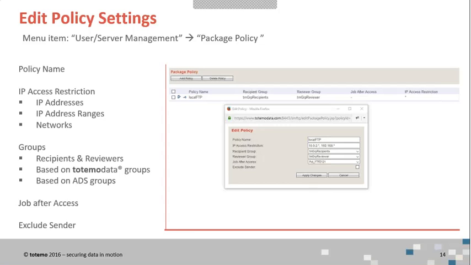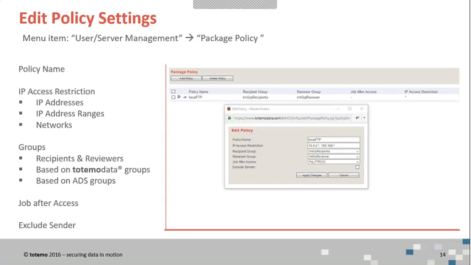You have the policy name, which is just a unique name to be able to identify the policy in the system. Then you have IP access restriction. As I already mentioned, you're able to use IP addresses, IP ranges, or even whole networks. And as I already said, it's all based on IPs.